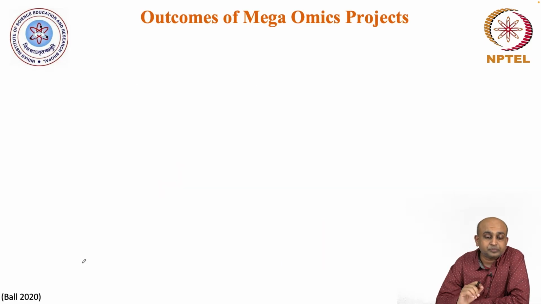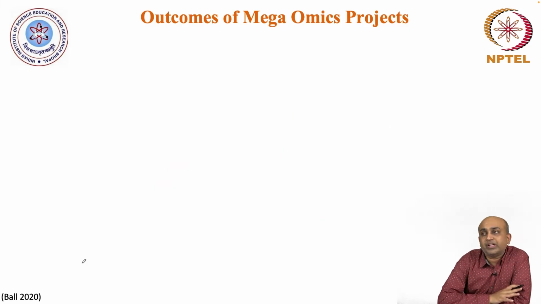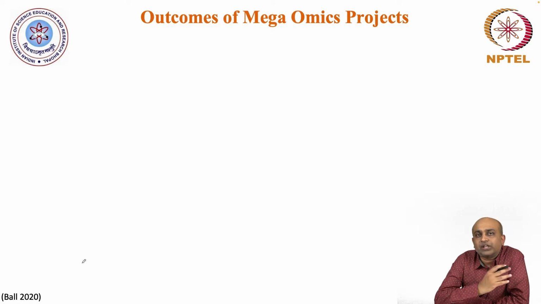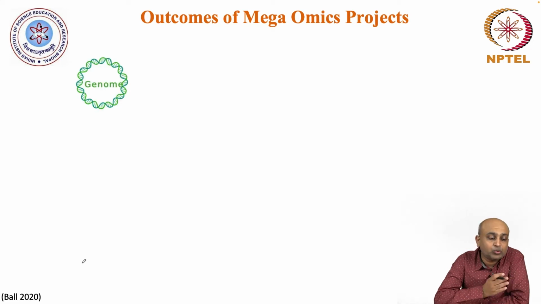Right. So when we think about these mega omics projects, are they really worthwhile? Are the outcomes of these kind of projects really useful, and how does it compare to just individual labs doing their own thing, right? So how are they different, or how is the outcome slightly different?